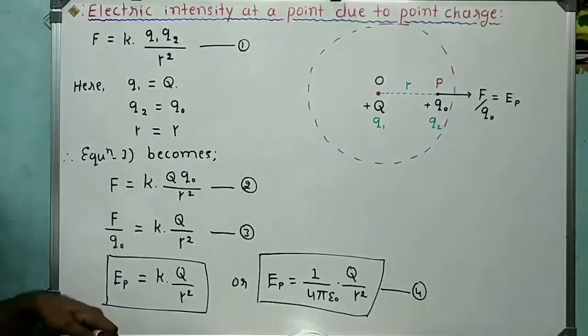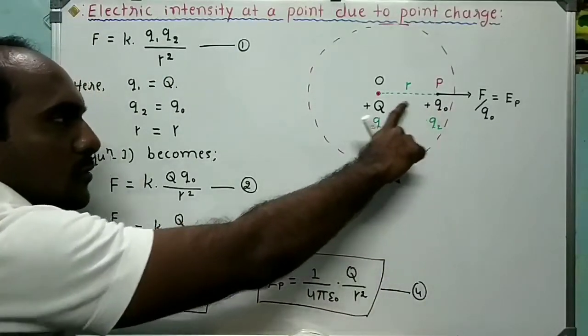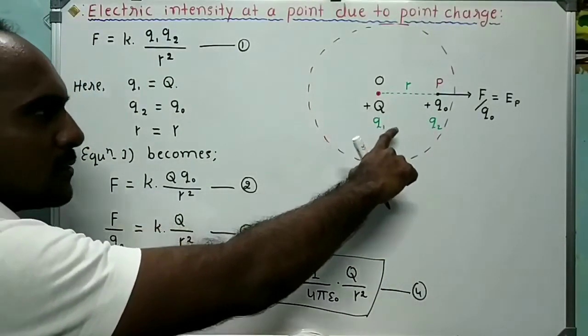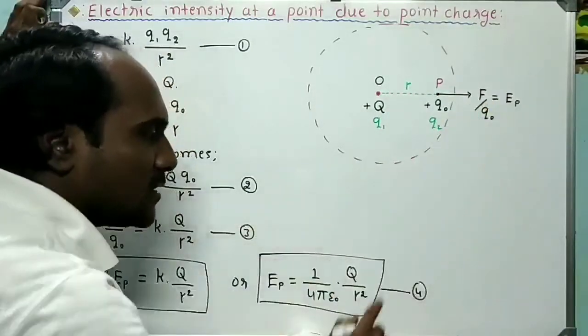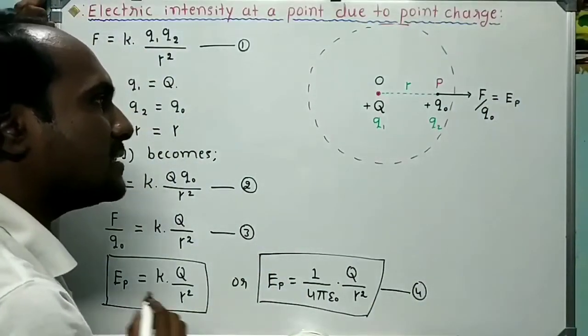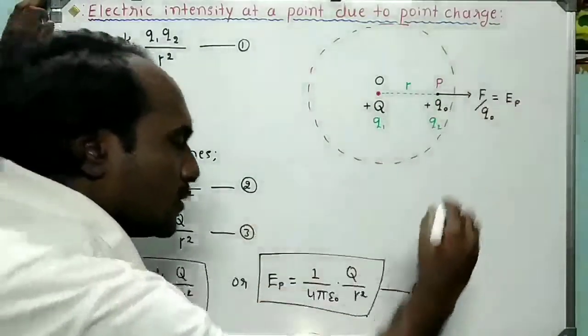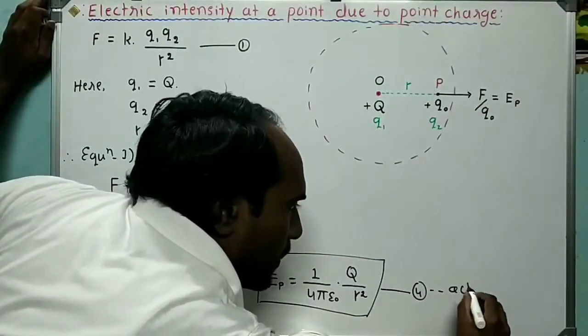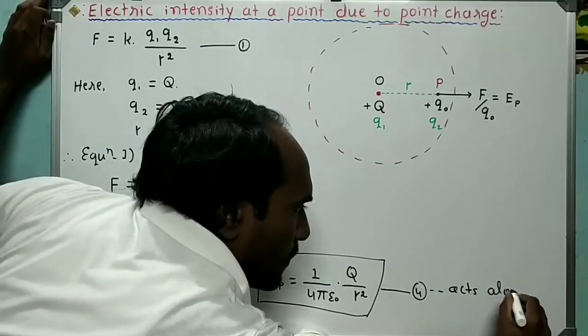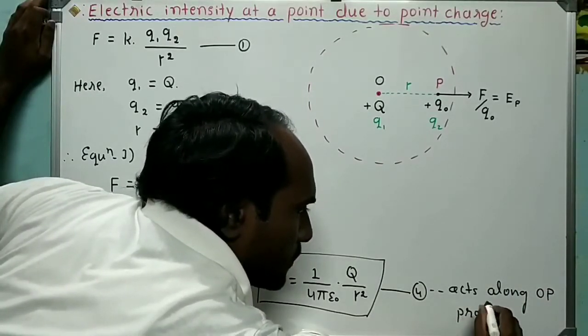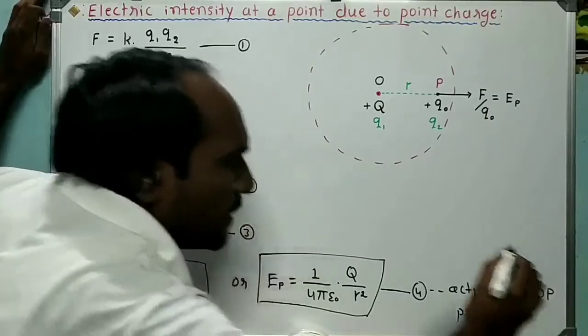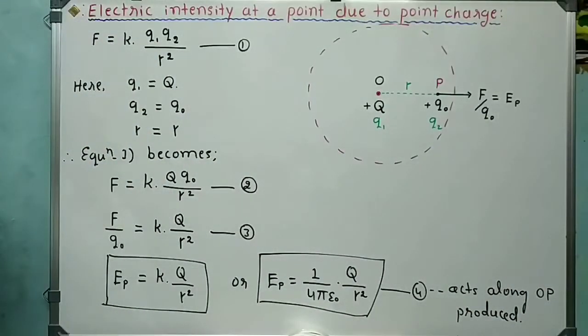And we know that this Q naught is positive, this capital Q is also positive. That's why this capital Q repels the Q naught in this direction. That's why the direction of electric intensity is also along OP produced. Getting the idea? This is the expression for electric intensity at a point due to a point charge. Note down.